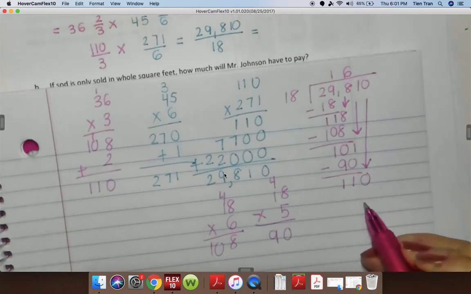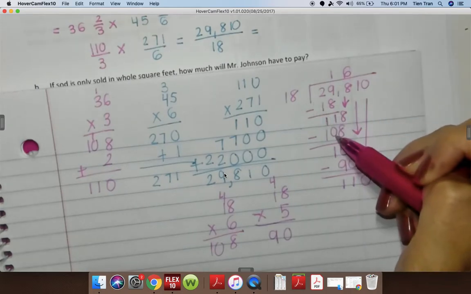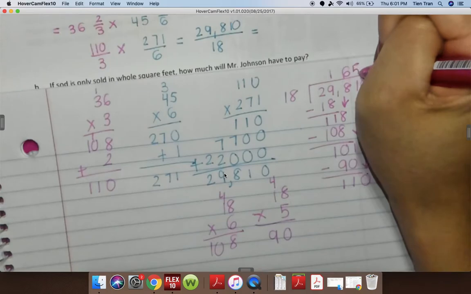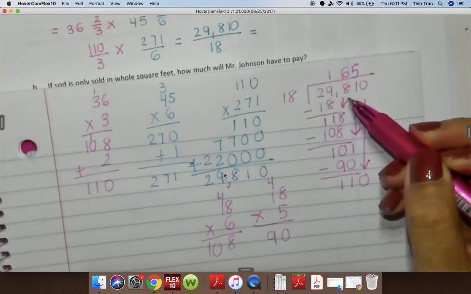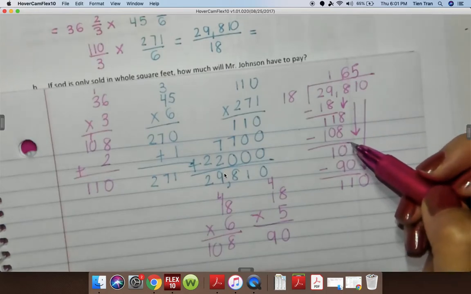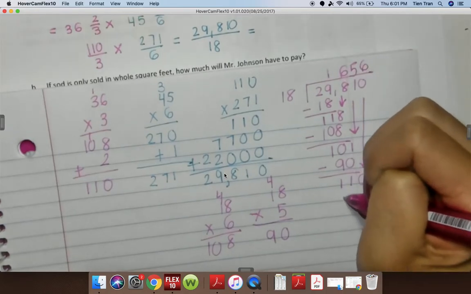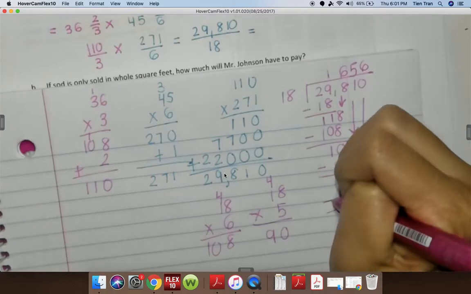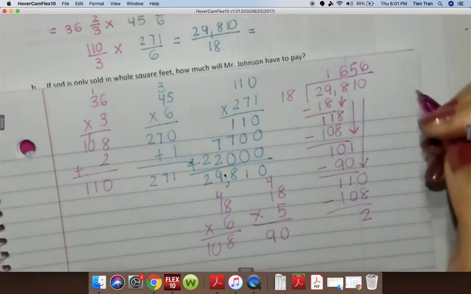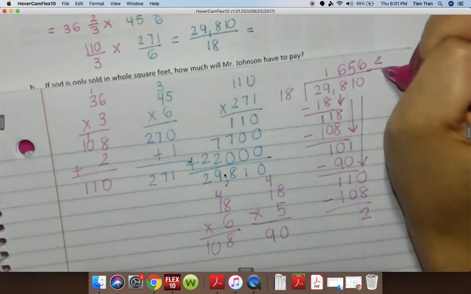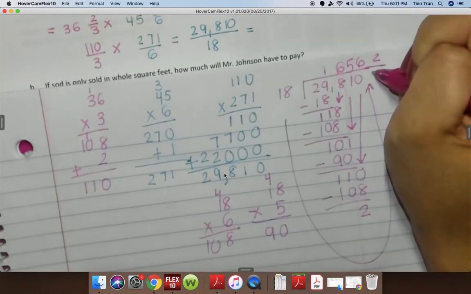I get 110. Earlier we found out, oh, I almost forgot my 5. Earlier we found out that 18 times 6 is going to give me 108. So I'm going to do the same thing. 108, subtract. 10 minus 8 is equal to 2. That is my remainder, and my denominator is 18. So I'm going to write that down.